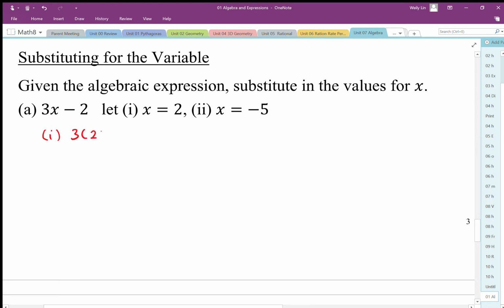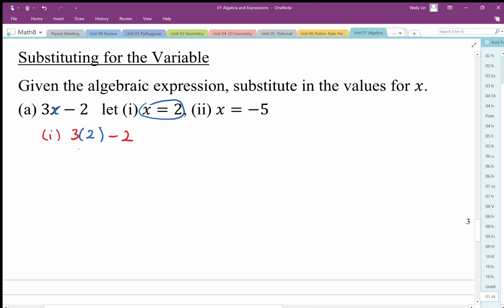So if I let x equal 2, I'm going to take that x, maybe in different colors here, and replace that x with x equals 2. So there's my new calculation. Instead of 3x minus 2, if I let x equal 2, I replace the x with a 2, and then I can calculate this.